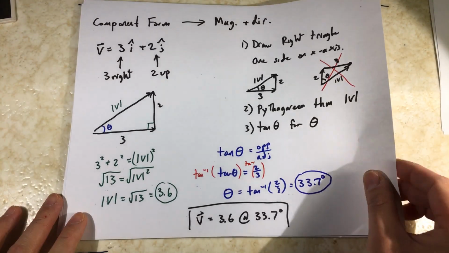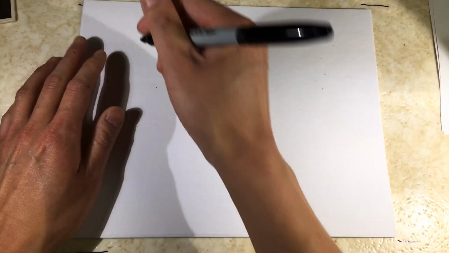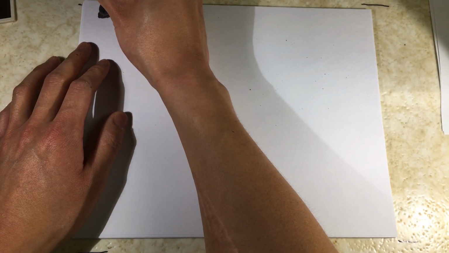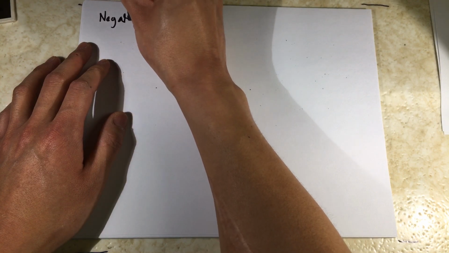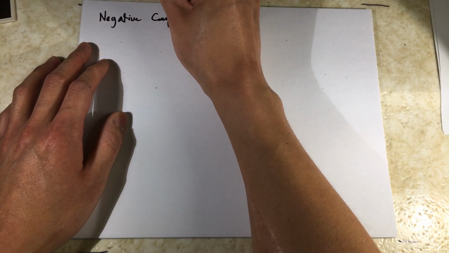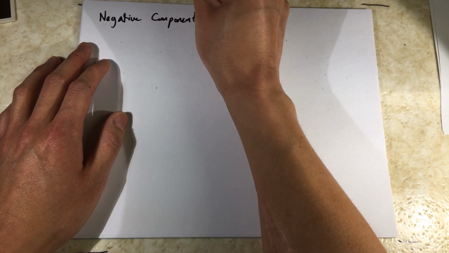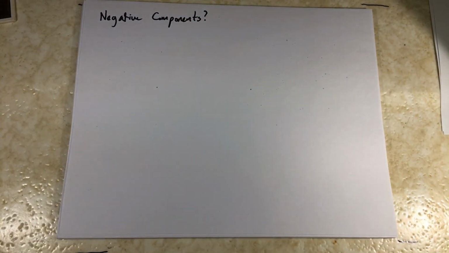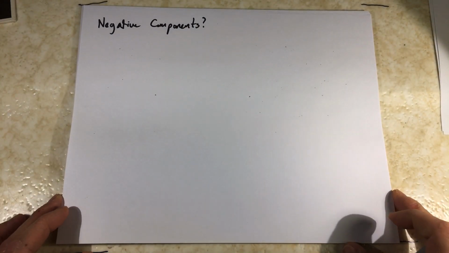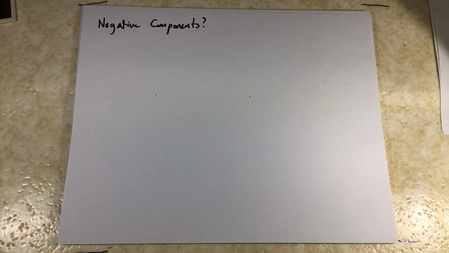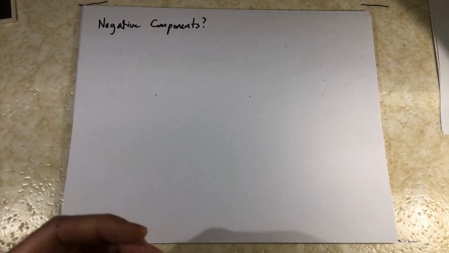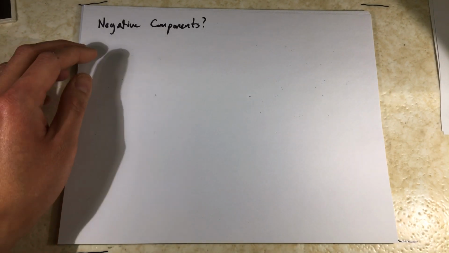All right, so again, another complication is what about negative components? Which is basically the same kind of complication we had before, which is what happens if it's in the second, third, or fourth quadrants. In those cases it's a little bit more complicated.